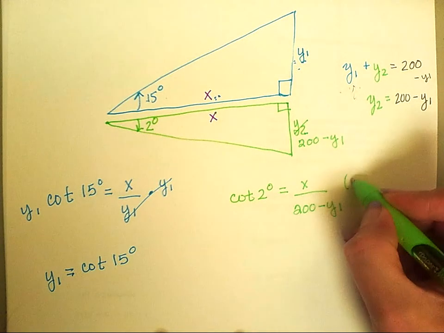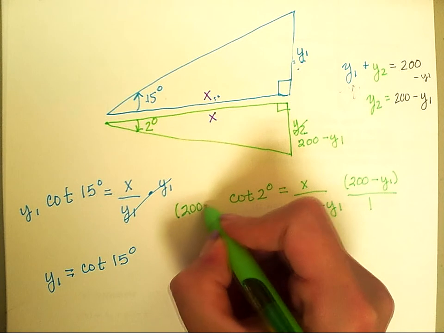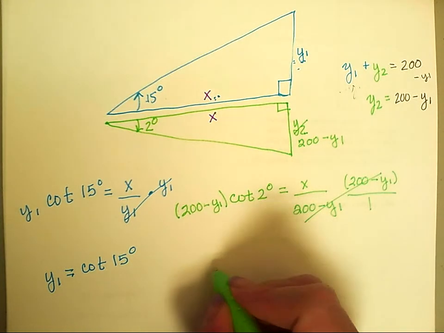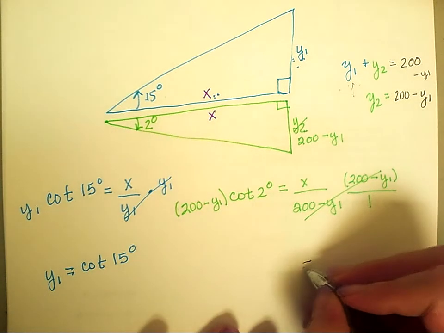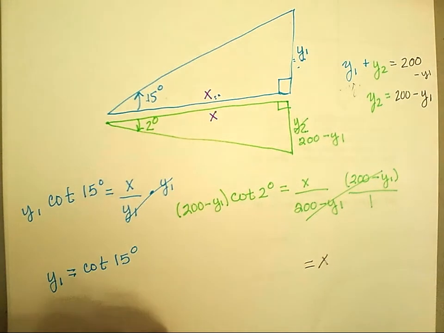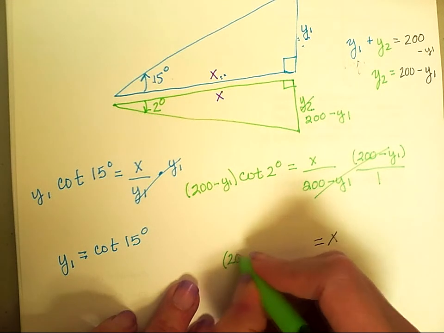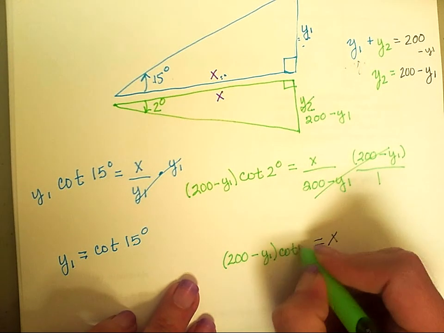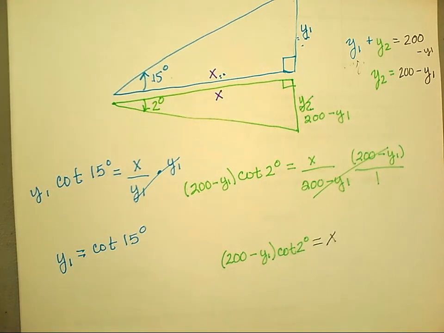Now, I want to get to x by itself, so let's multiply through by that denominator. Have to do that on both sides. Then these will cancel. So we have that x must be equal to 200 minus y1 times the cotangent of 2 degrees.